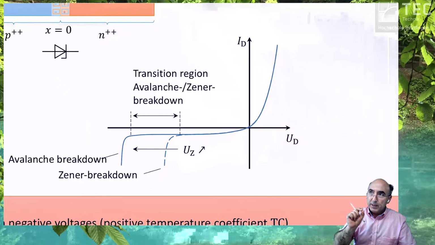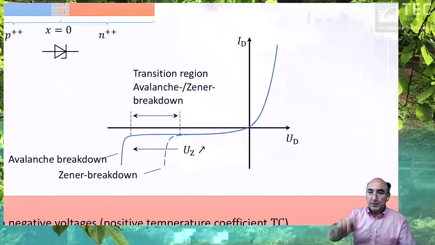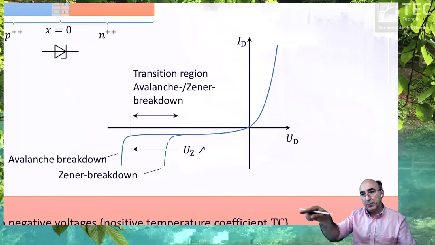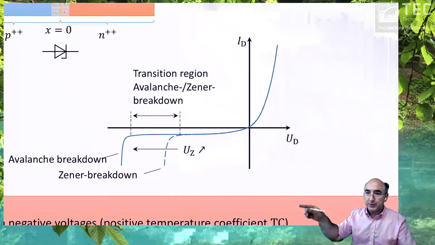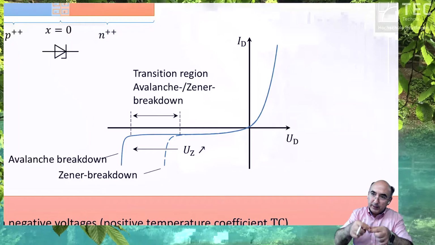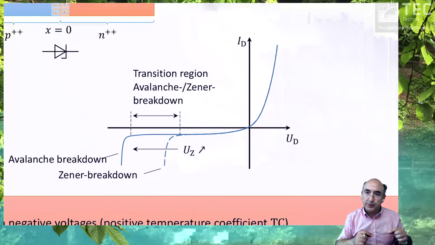It needs to knock out an additional electron from its bond. And this knocked-out electron from the bond knocks out a second one after it is accelerated. So braking and acceleration, braking, acceleration. This is the avalanche breakdown.